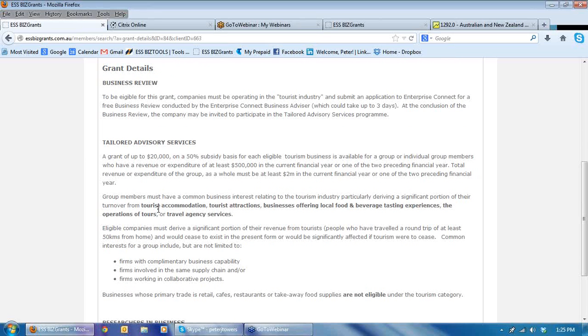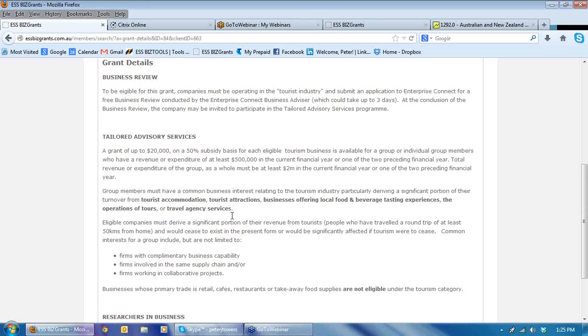And the members need to be drawn from a limited segment of the tourist market. Tourist accommodation, attractions, businesses offering a local food and beverage tasting experience, tour operation or travel agency services. So it could be a group, so you say, okay, that's all right.